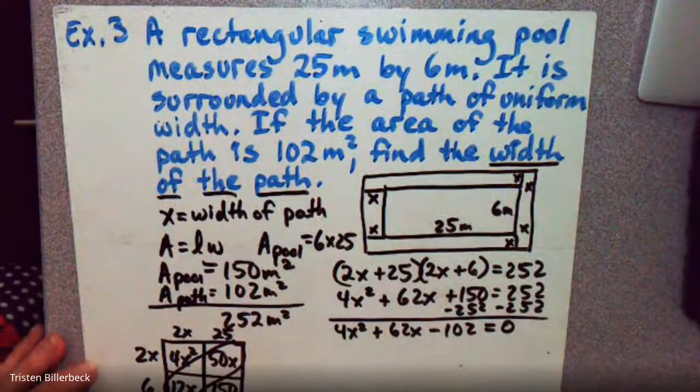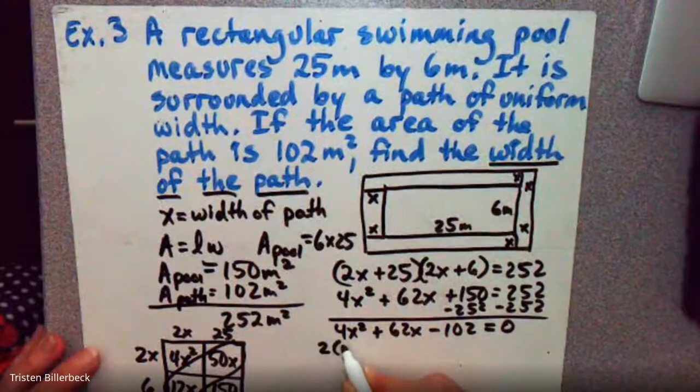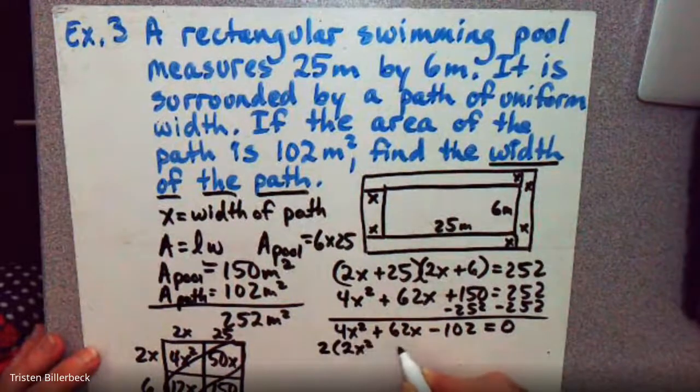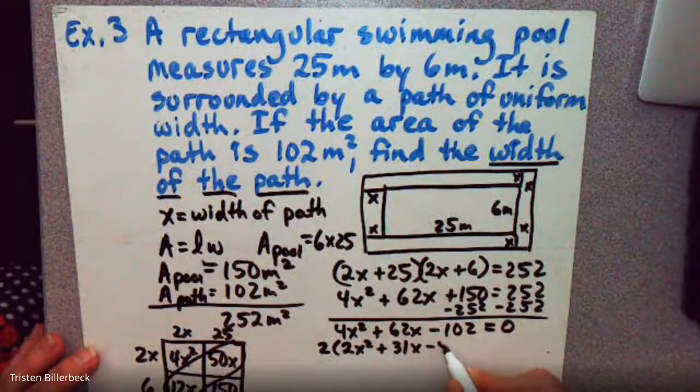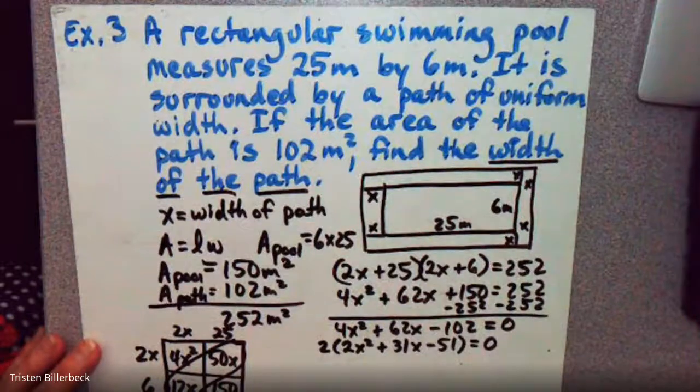Now we can do the diamond box with a common factor all the way across. So there is a 2 in every one of these. So we have 2 times 2x squared plus 31x minus 51 equals 0. All right, so let's set this diamond up.